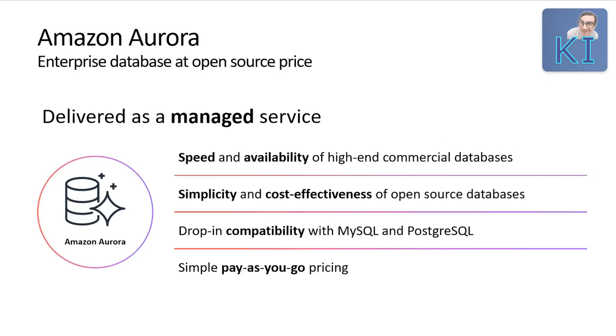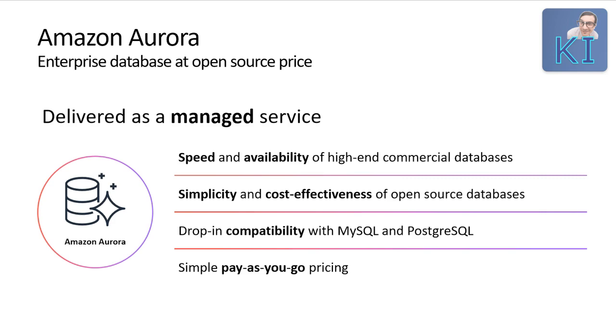Now, within that, Amazon Aurora is a bit special, right? Of course, Amazon has put a lot of engineering into bringing this particular service. What's the key thing with Amazon Aurora? With Amazon Aurora, it is promised that you get an enterprise grade database at the price of an open source database.